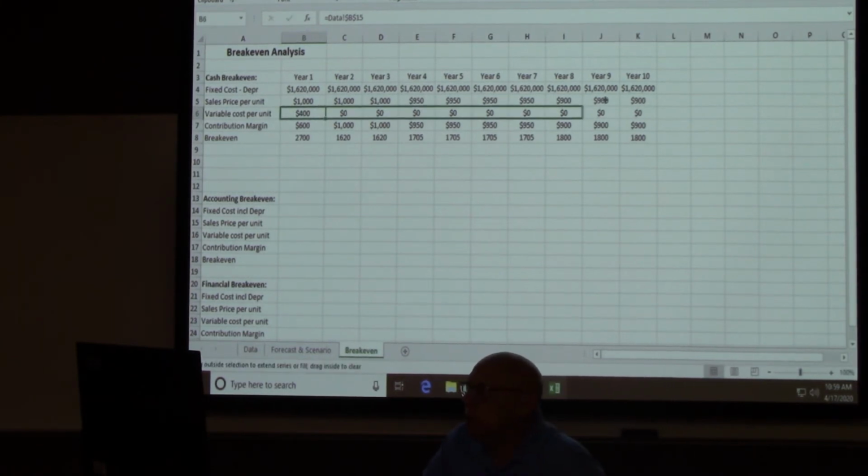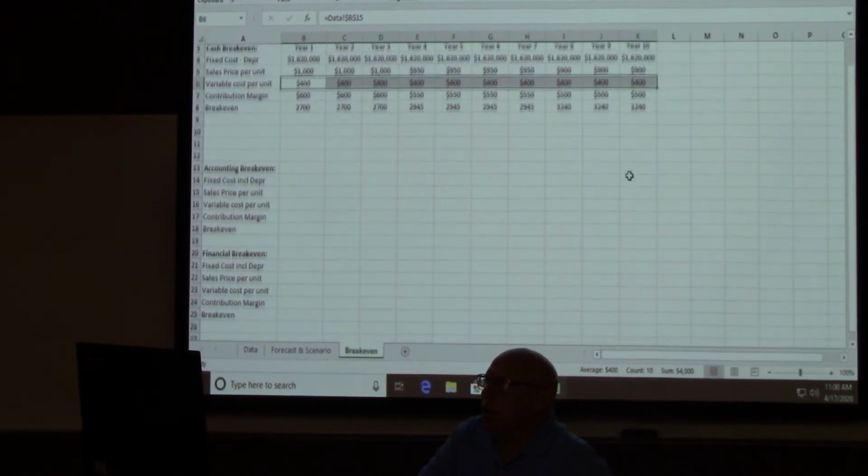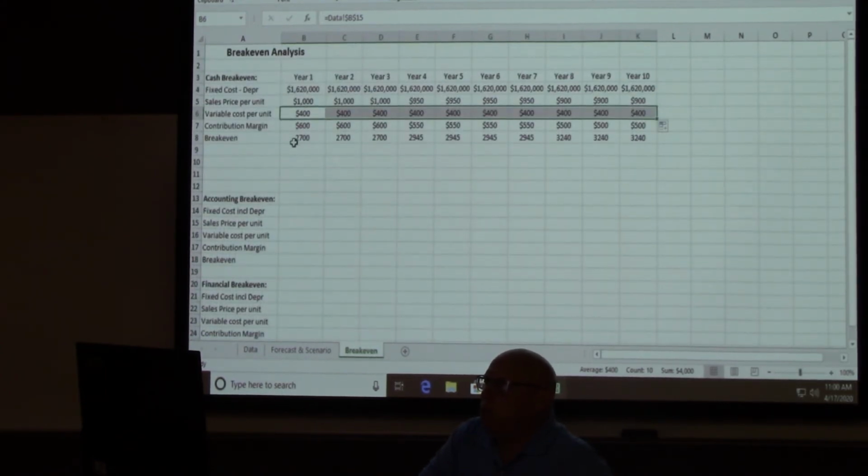Yes, here we go. Okay. So we can see that when the sales price goes down, the number of units goes up for break-even. All right, so this is how many units we have to produce to break even.